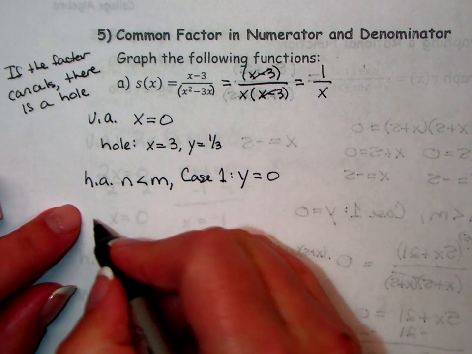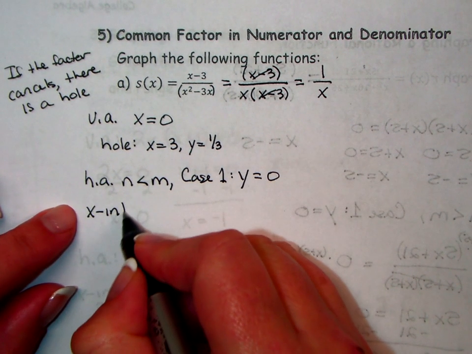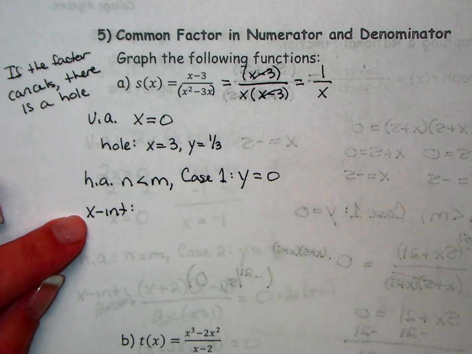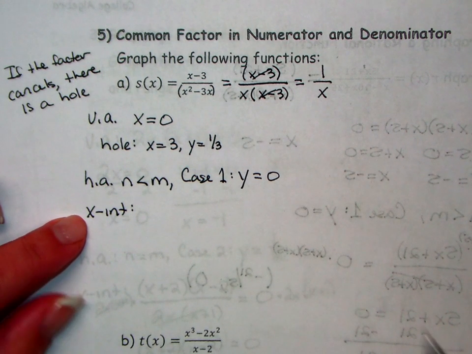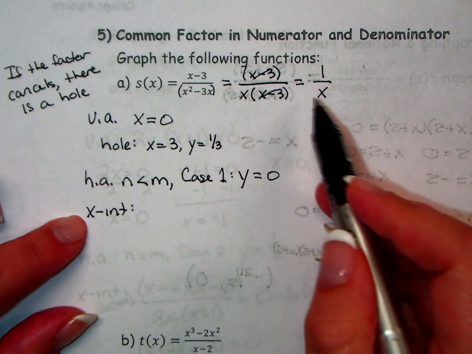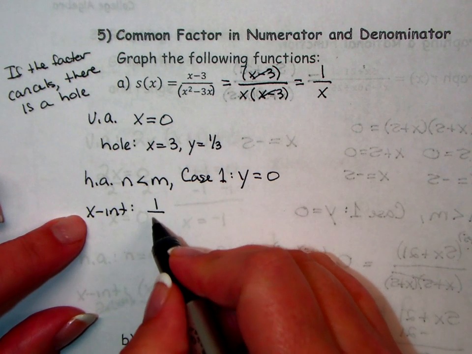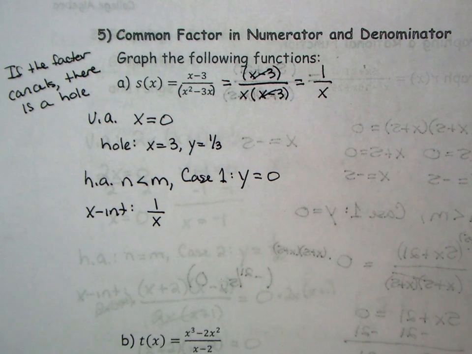All right, x-intercepts. We're going to set the fraction equal to 0. Now, you can set either fraction you want equal to 0, but I'm going to choose my factored one.